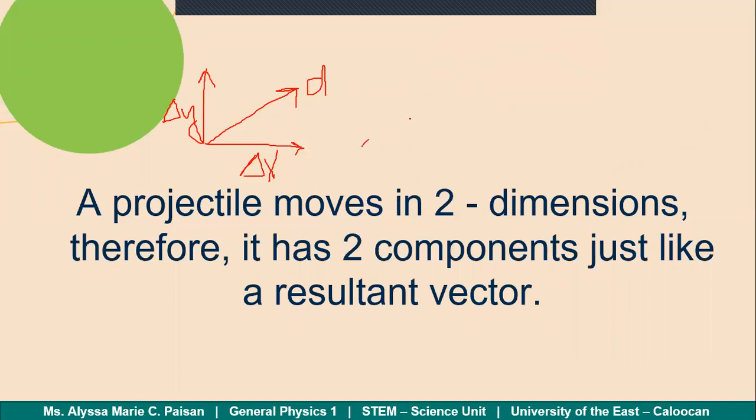So aside from the position, we also have the velocity. Now your velocity, since two-dimensional nga ito, would have the Vx and then the Vy. Ganun din sa acceleration mo, no?